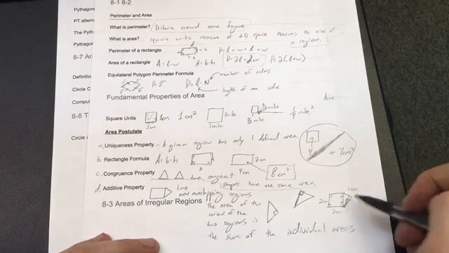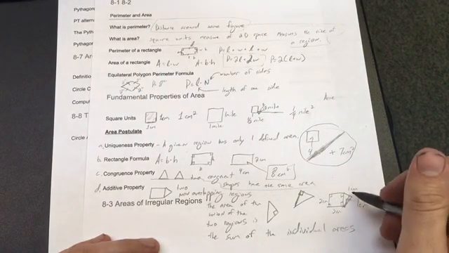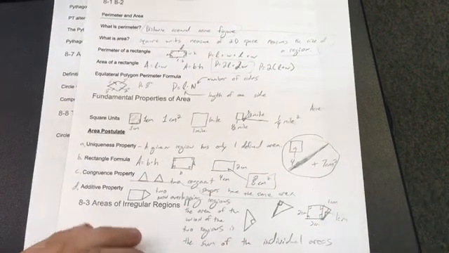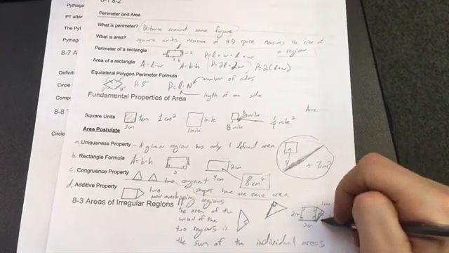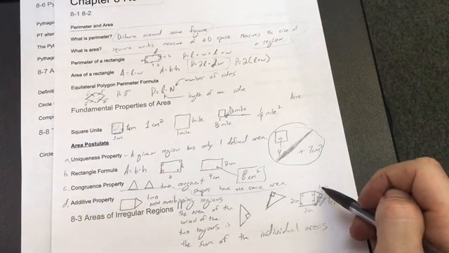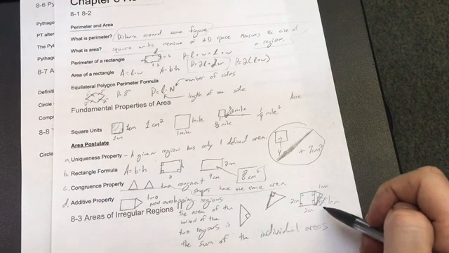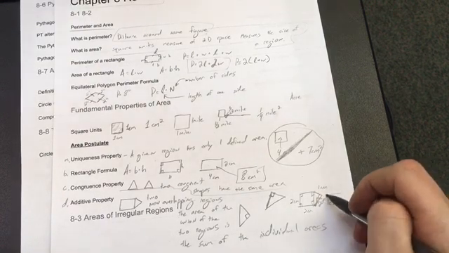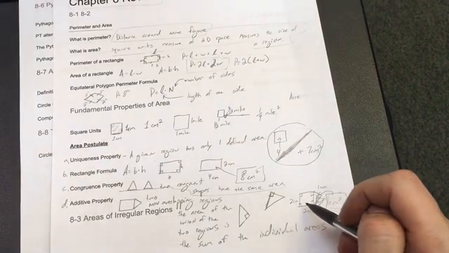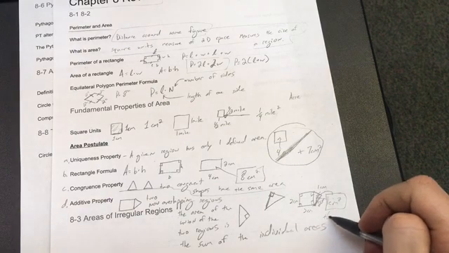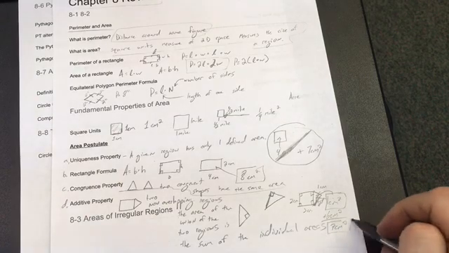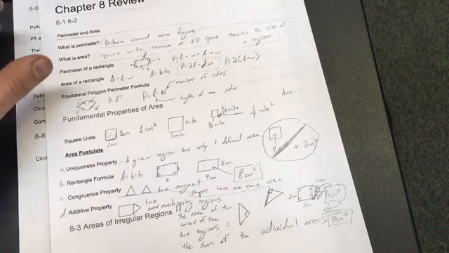Its area is 1/2 times the base, which is 0.5 times its height, which is 2 centimeters. So this is 1 centimeter squared for the area of that triangle. Then the area of this rectangle is 2 centimeters times 3 centimeters, so that's 6 centimeters squared. 6 plus 1 is 7 centimeters squared. And that's the additive property of area.